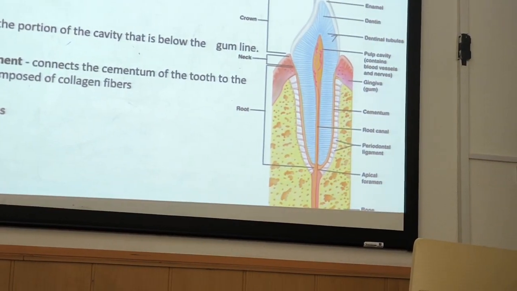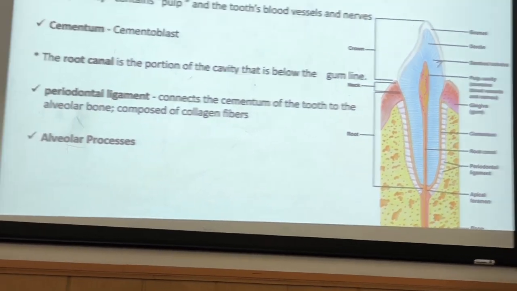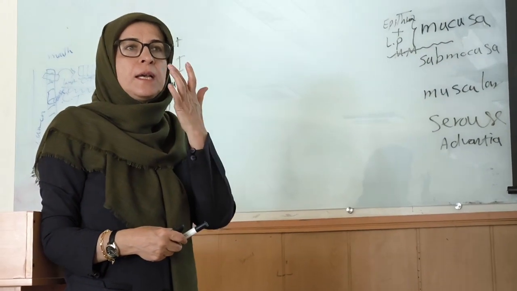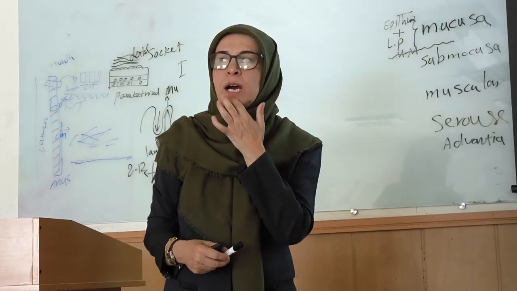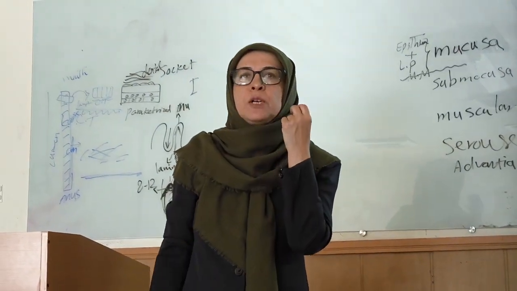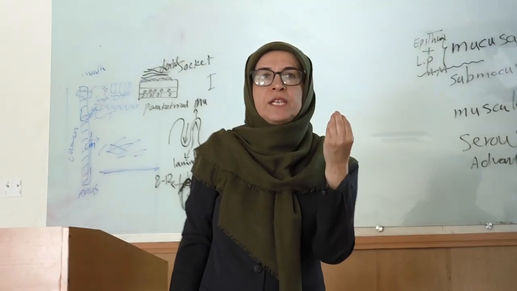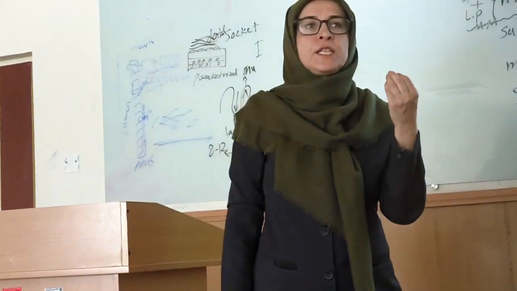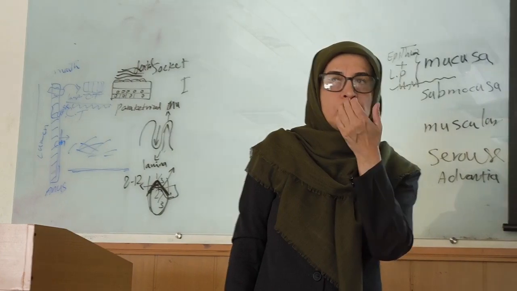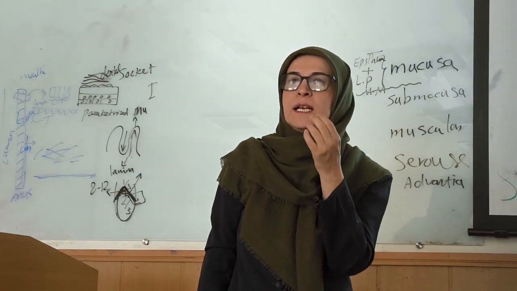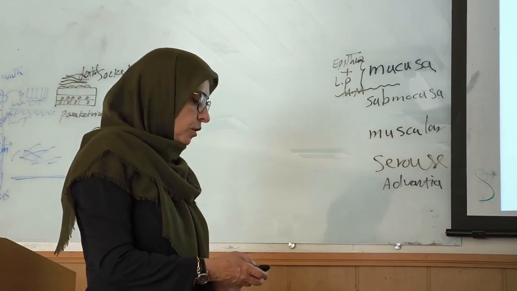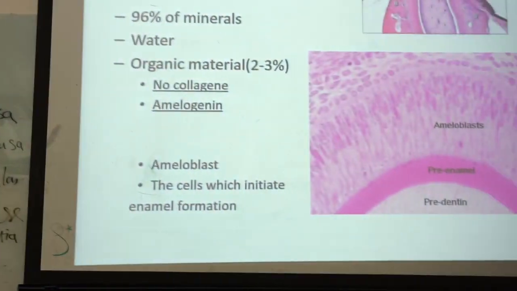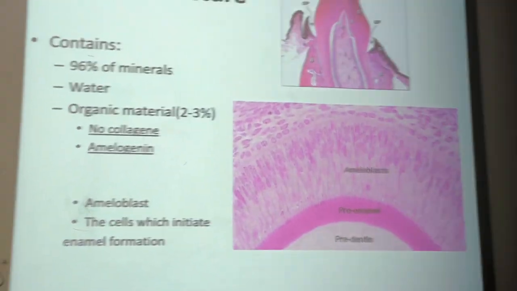This bone, named alveolar bone, is the arc of the maxillary or mandibular bone. Its microscopic structure is similar to spongy bone, and it is named the alveolar process or alveolar bone, which I explained a little in detail for you.